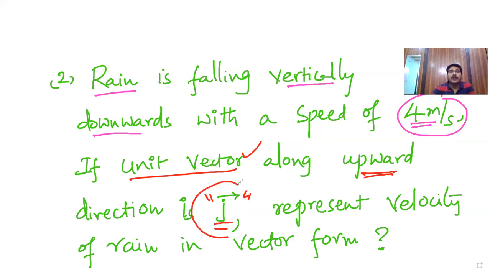I am highlighting it as the j bar. Now, he needs us to represent the velocity of rain in vector form. This is the question. Observe it.